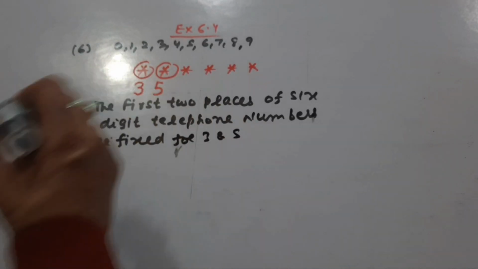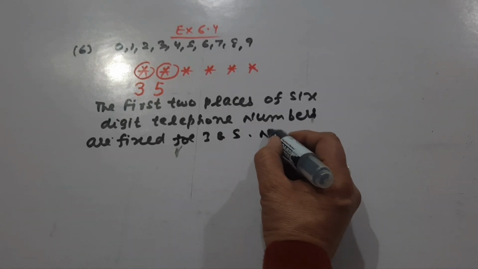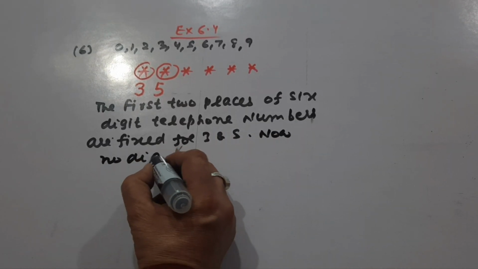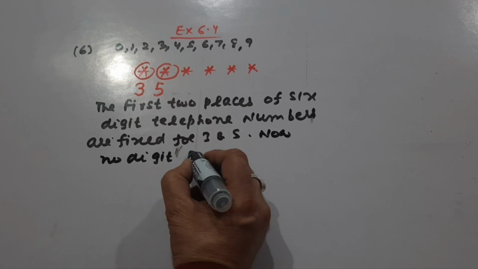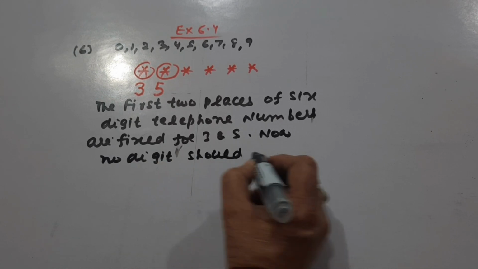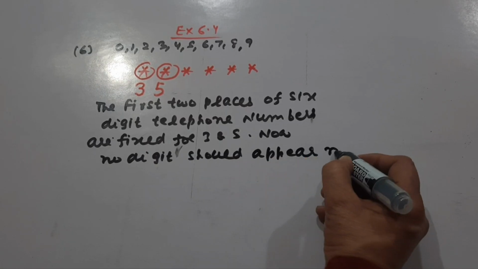We have to fill these first two places with 3 and 5. Now no digit should appear more than once.